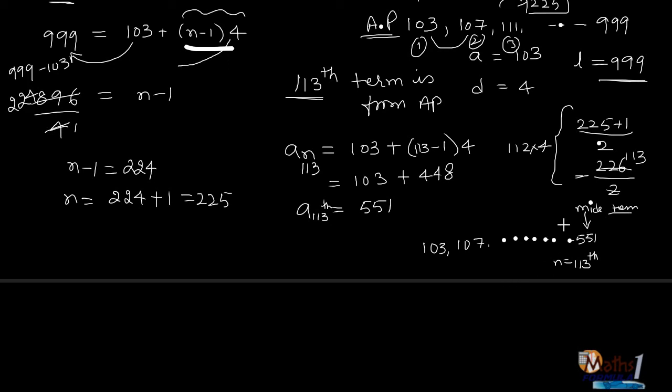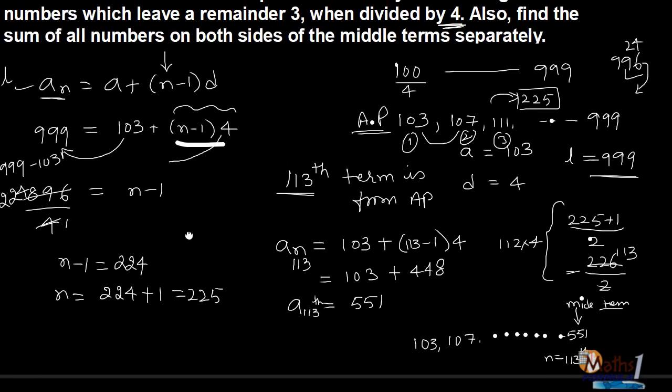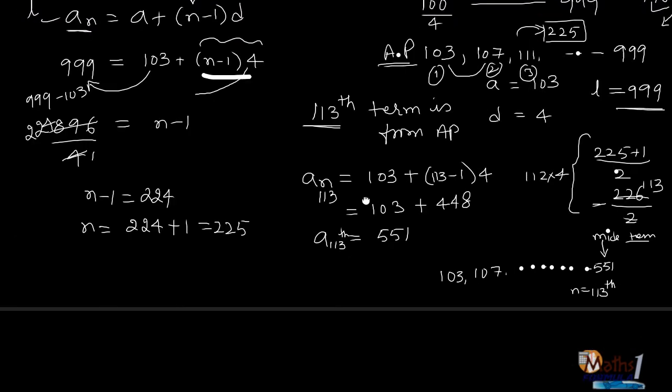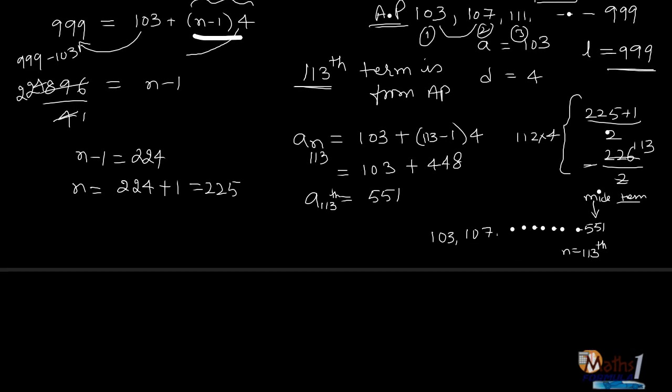So they are asking us to find the sum of all numbers on both sides of the midterm. So that means what I need to do is find the sum from this onwards. This side it will be 551, and if I add 4, because it's all 4 common difference, 555.